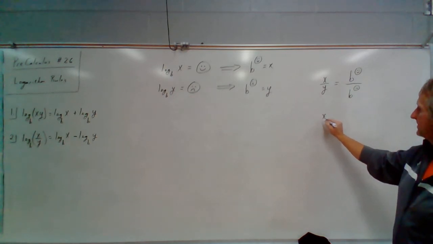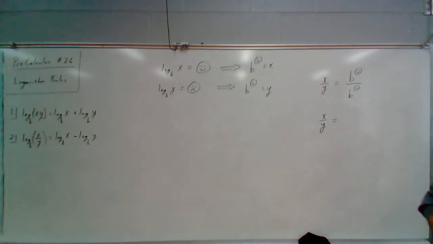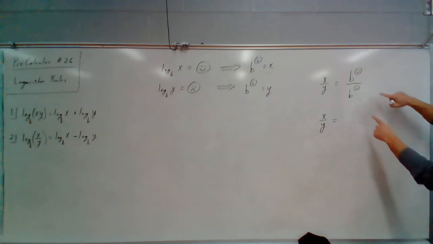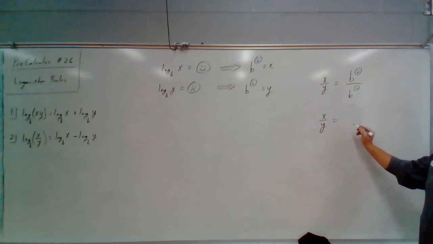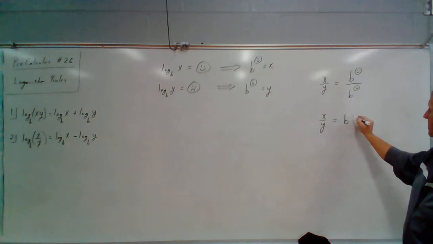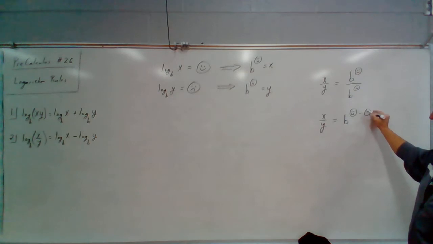So I have x over y equals, now exponent rule, same base, I'm dividing, says I subtract those exponents. So this will be b raised to the smiley minus frowny.